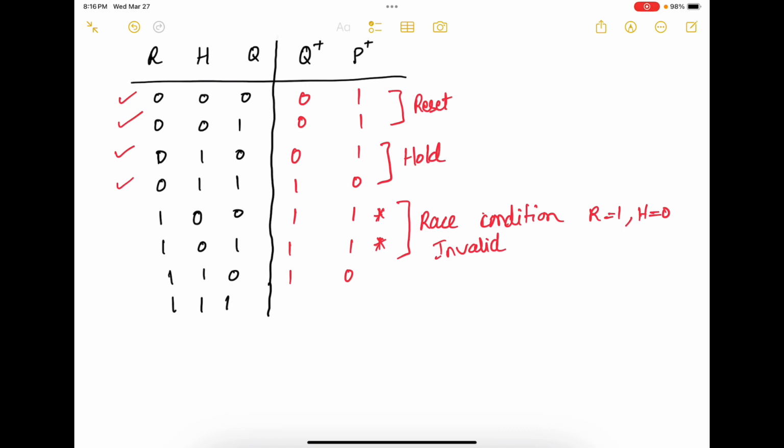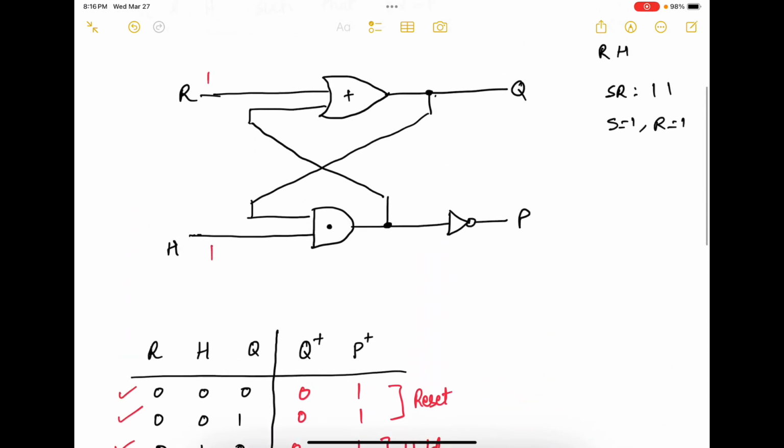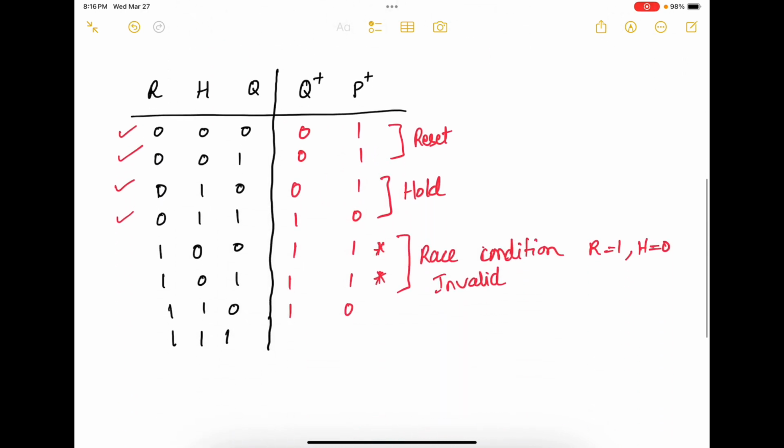Let's check the last combination. R is 1, H is 1, and Q is 1. So all these three are 1s. 1 goes here. 1 and 1 is 1. 1 flip is 0. 1 goes on top. 1 or 1 is 1 and the circuit stabilizes. Clearly, when R is 1, H is 1, and Q is 1, your output remains at 1.